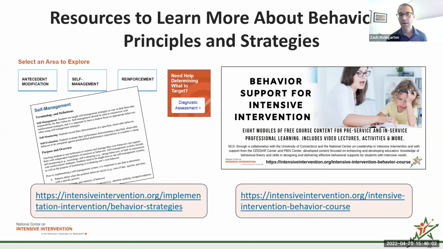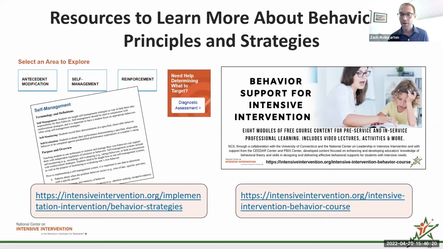In addition, we have lots of strategies related to behavioral principles and behavioral strategies. I think one thing to point out here is that there is somewhat of a distinction between a behavior intervention and the idea of social and emotional learning.